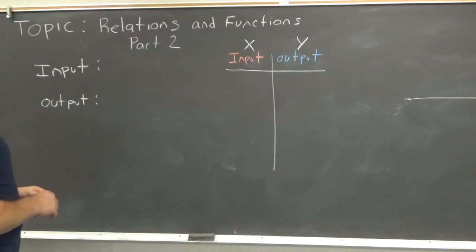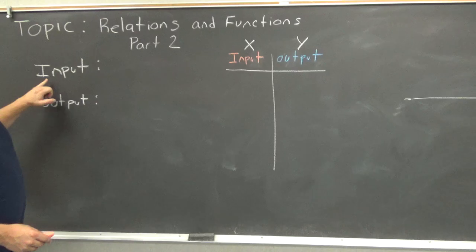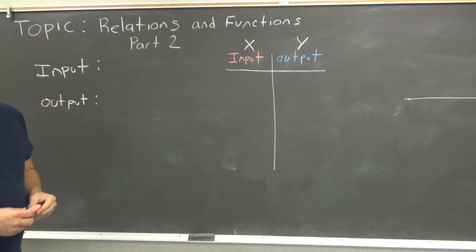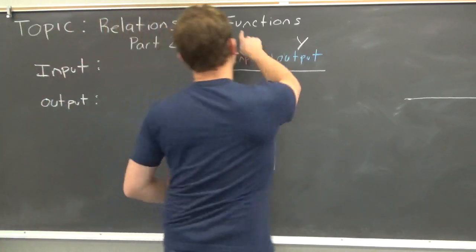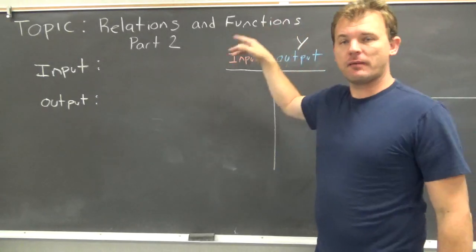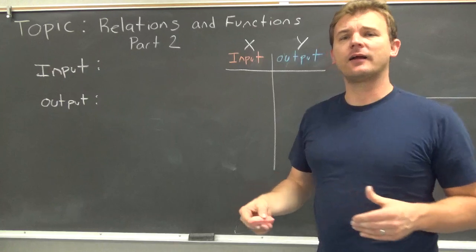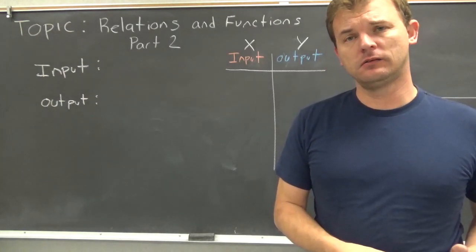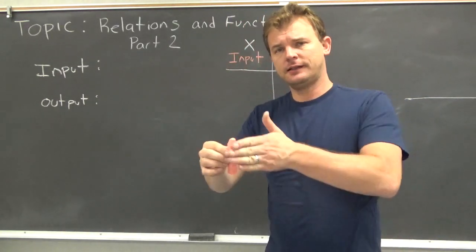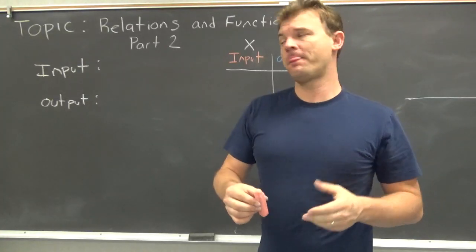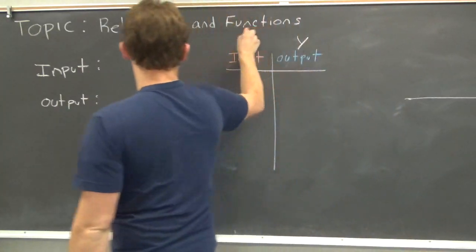So I want you to look at input and output. Now remember, a function is, for every input you get exactly one output, right? For every input I put, I get one output. So that's what a function is again.